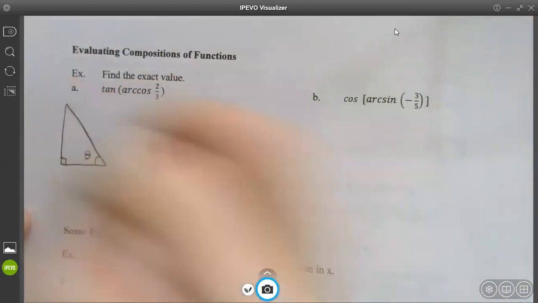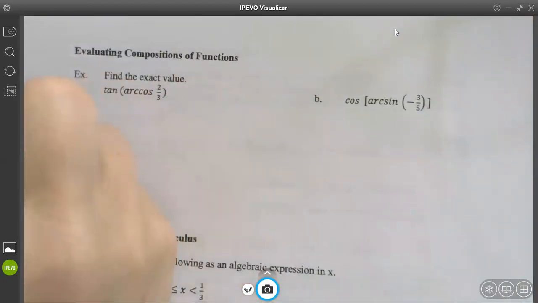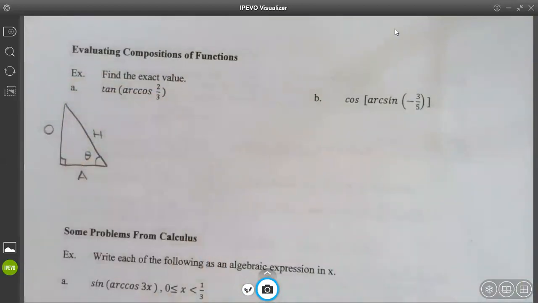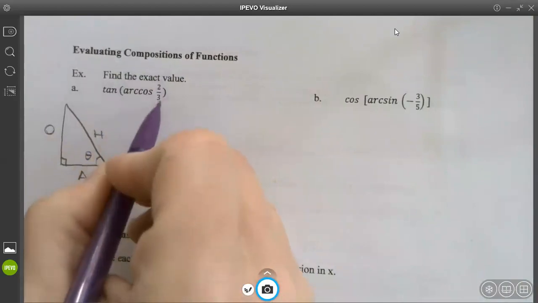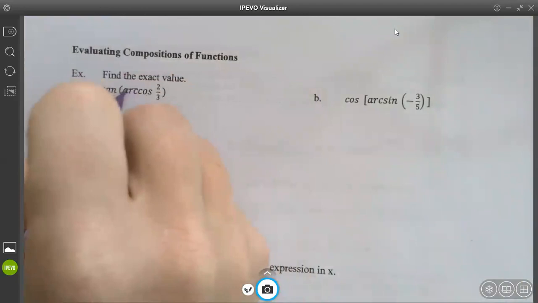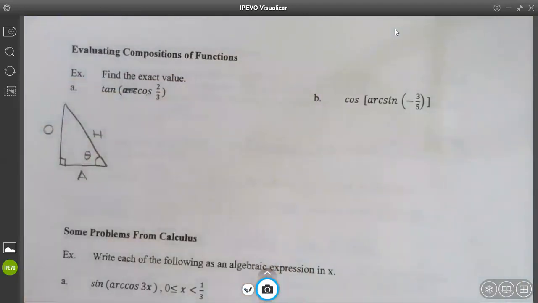Pick either angle to be your theta other than your 90, it doesn't matter which one, so that you can do opposite, hypotenuse, and adjacent. Remember your opposite is across from your angle, your hypotenuse is across from your 90, and your other side is your adjacent. It gives you cosine 2/3. Do not even look at this arc. What is cosine?